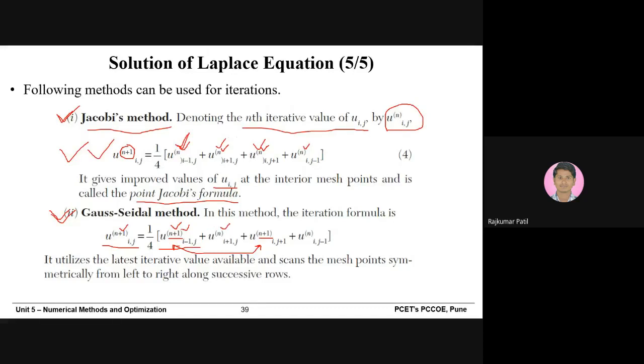And for points with no latest value, we use the values estimated in the previous iteration. So Gauss-Seidel uses the latest iterative values, whereas Jacobi uses all the values estimated in the previous iteration, and that's why the convergence rate of the Gauss-Seidel method is much higher than the Jacobi method, and that's why while solving problems we prefer the Gauss-Seidel method.